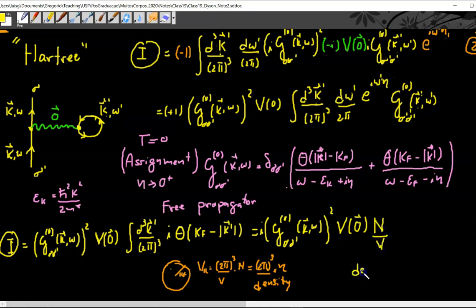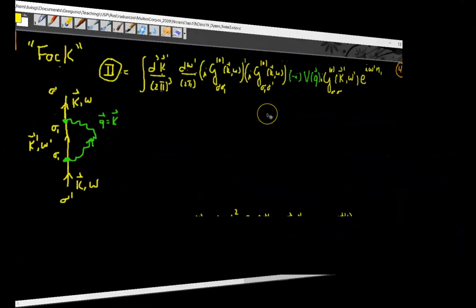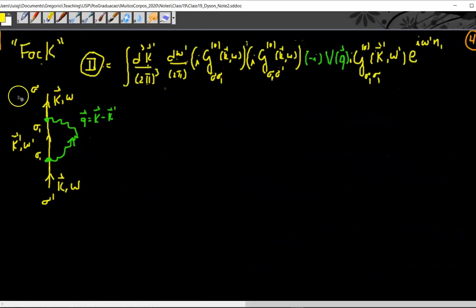And this is the density. So this is the Hartree contribution, directly proportional to the density. Okay. Now for the calculation of this diagram, the expression here, or at least the way to do the calculation, is very similar.